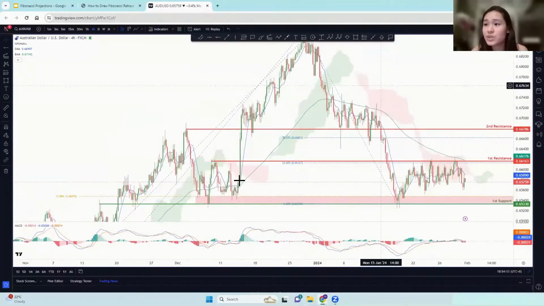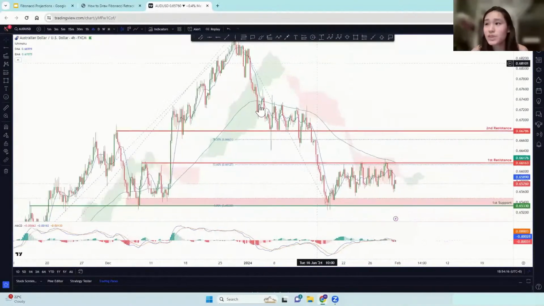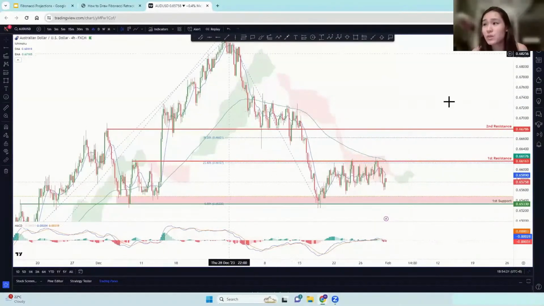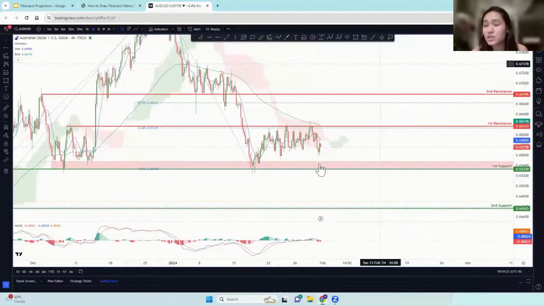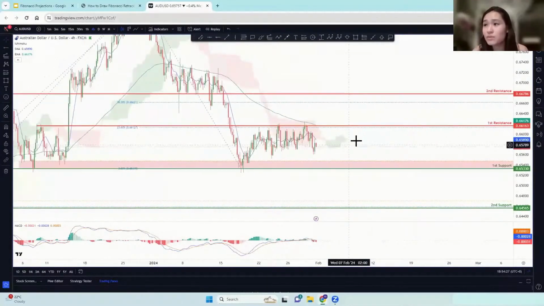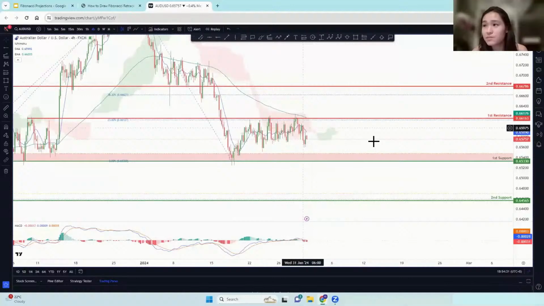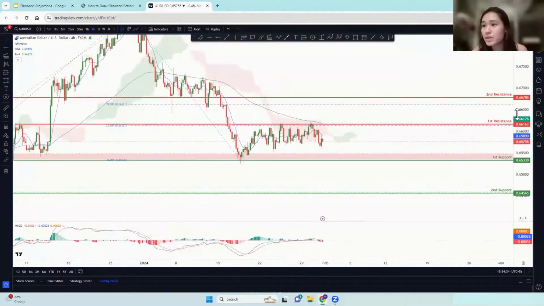Over here, we could see price moving upwards. The minute we see price cross over, that's a signal that the trend is going to change, and then we saw price drop after that. So we could be seeing price continue to drop, or until it crosses over again.